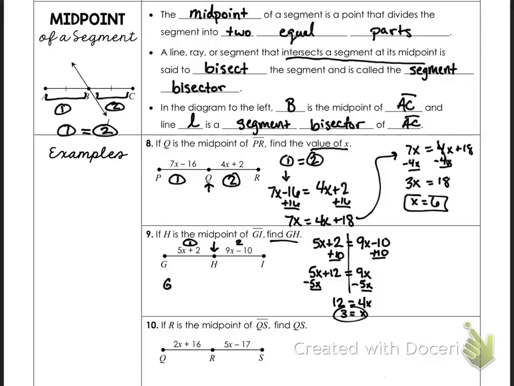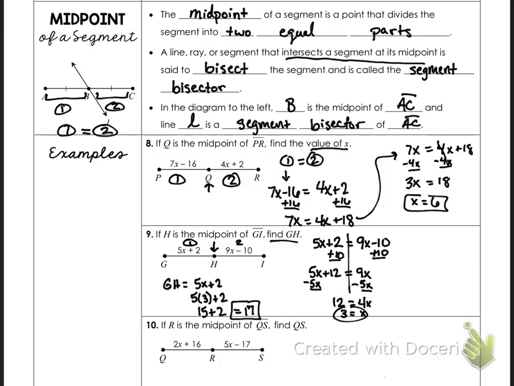The final thing they wanted me to show is what the length of GH actually is. So GH is 5x plus 2. But we notice that x is actually 3, so this is 5 times 3 plus 2. 5 times 3 is 15 plus 2, and so GH is equal to 17 units, whatever it is, inches, feet, whatever.